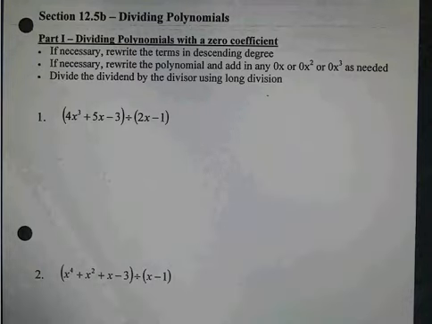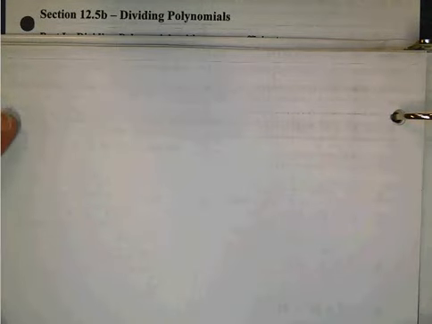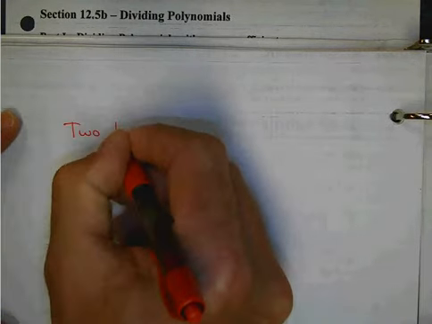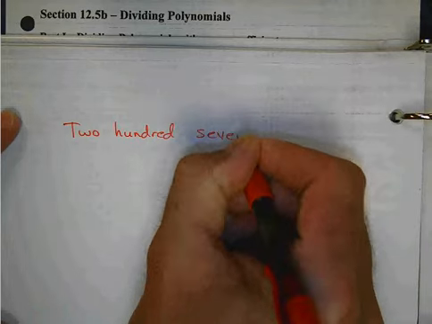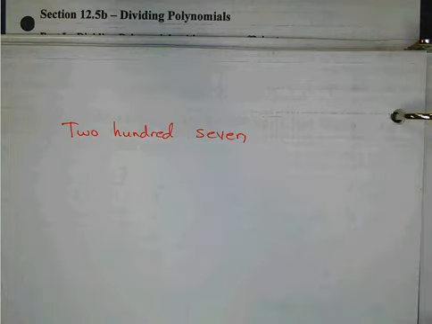But I want to illustrate this first. Slide over your sheet to the left-hand side, and I'd like you to write down the number 207. Please write that number down, not in words, but with numerical symbols.